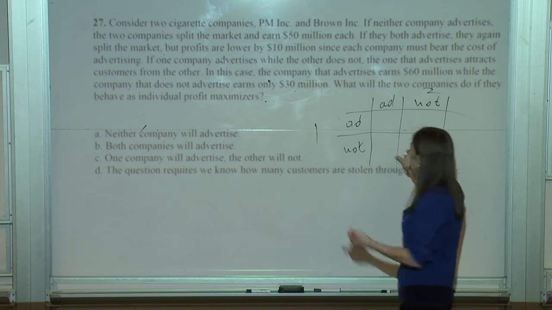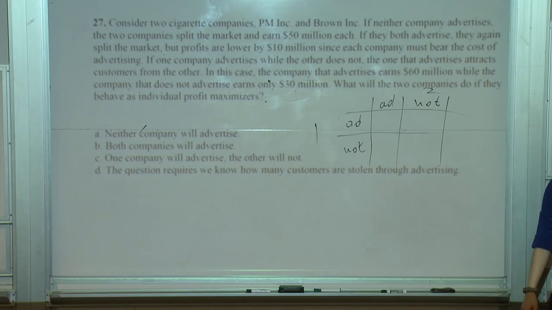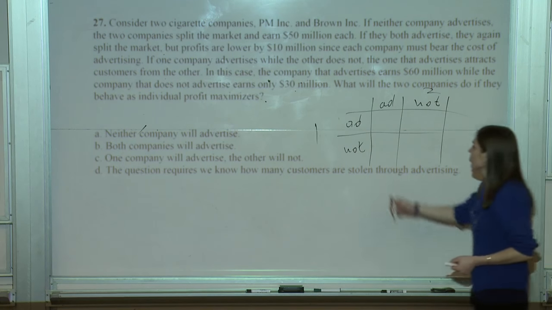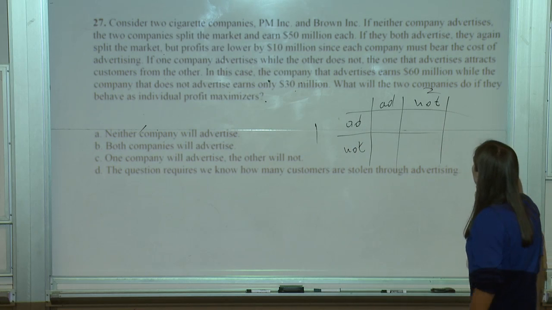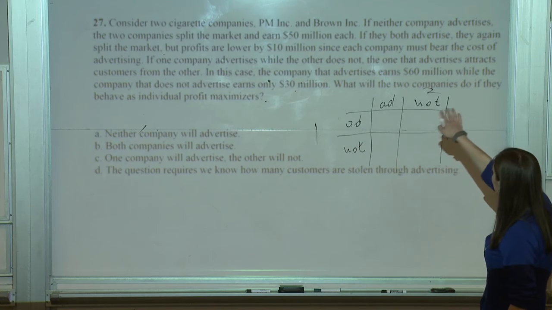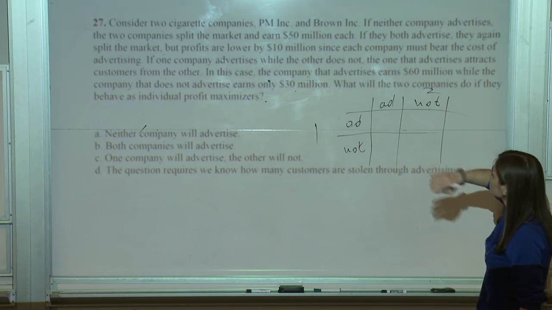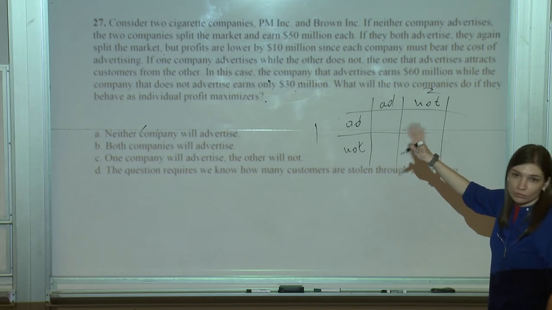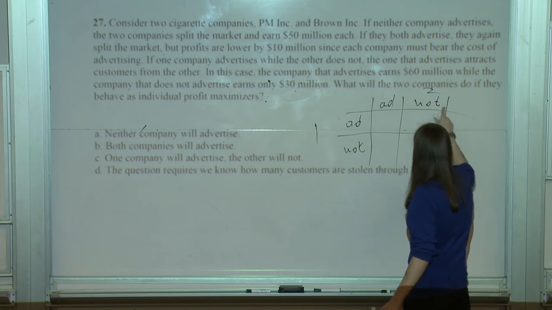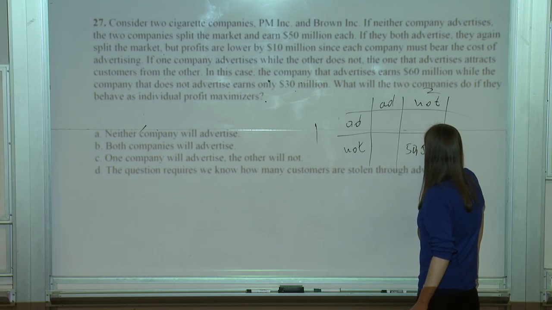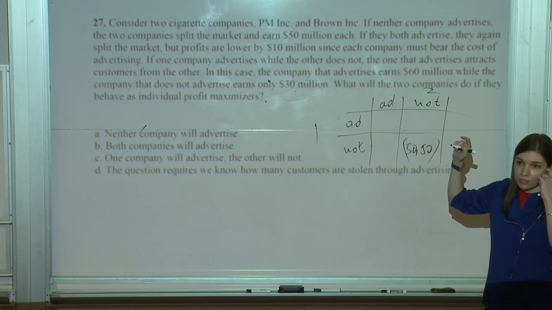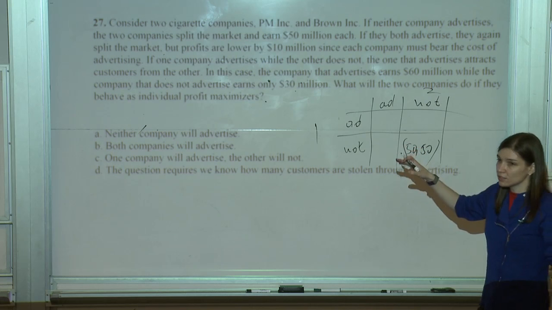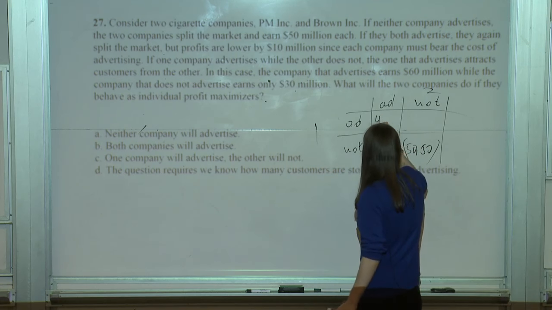Now I need to figure out just what the payoffs would be in each case. So let's start from the beginning. If neither company advertises, then they get 50 each, right? If both of them advertise, then they get 10 less, so 40 each.